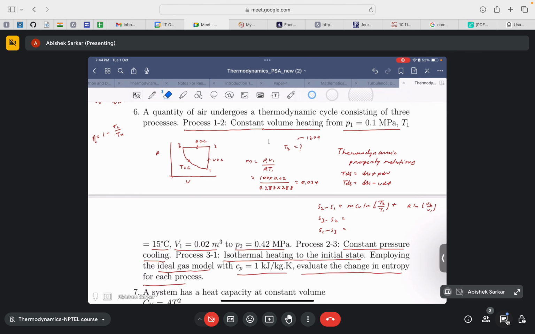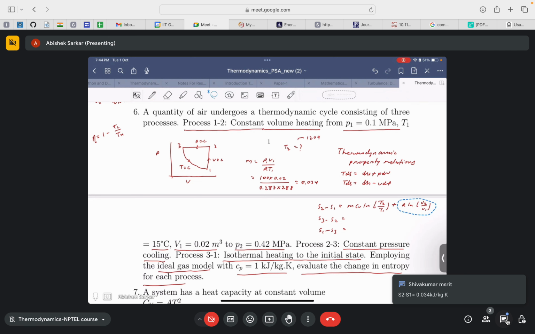Yes, exactly. So the second term will go down because it's a constant volume process.